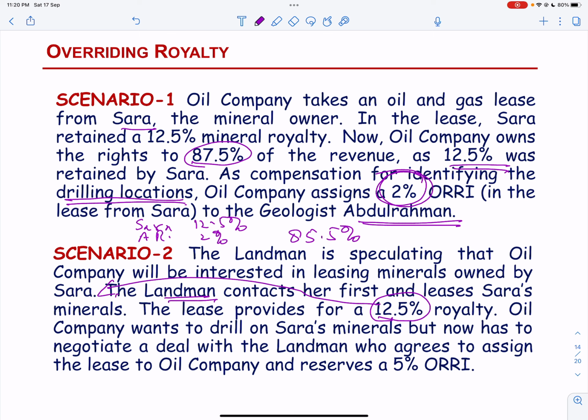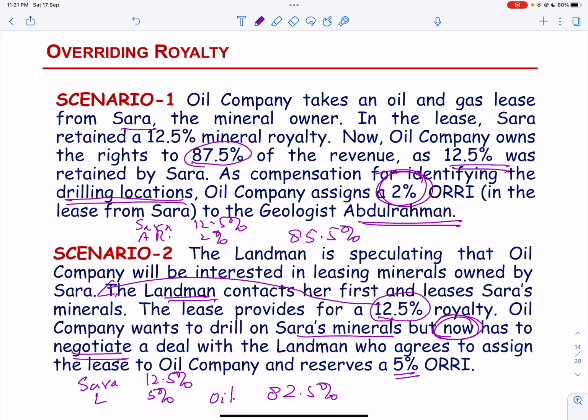The oil company wants to drill on Sara's minerals, but now they have to negotiate a deal with the landman, who agrees to assign the lease to the oil company and reserves a 5% overriding royalty interest. So now Sara still has the same royalty interest of 12.5%, the landman has an overriding interest of 5%, and the oil company has a net revenue interest of 82.5%.